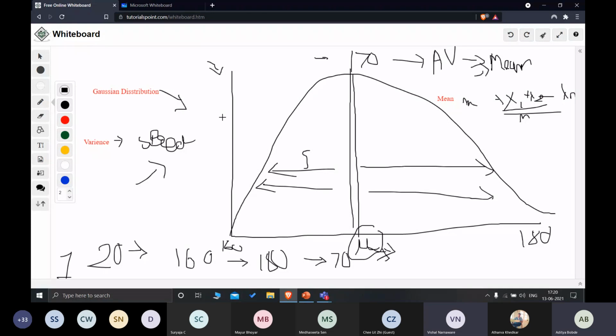Okay. And can anyone answer what should be the y label of this graph? Yes, anyone? Did you understand up to here? What is mean, what is variance, and what is Gaussian distribution?